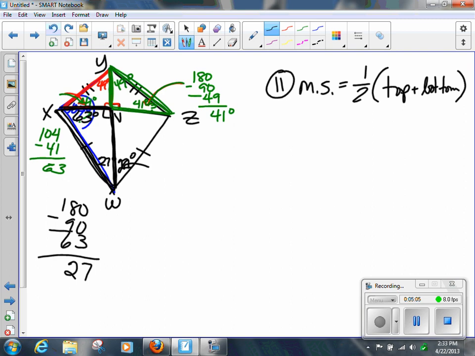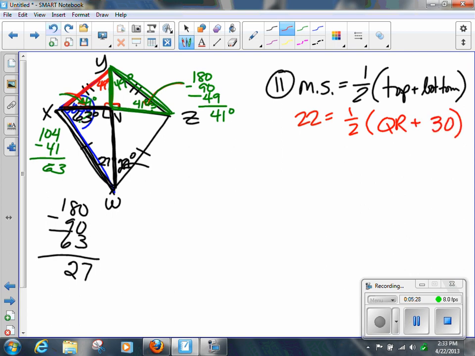7 was 106. Number 11, QR is the top, okay? What's the mid-segment in number 11? 22. That's in your picture. The top's what we're trying to find, and the name of it is QR. What's the bottom? 30.